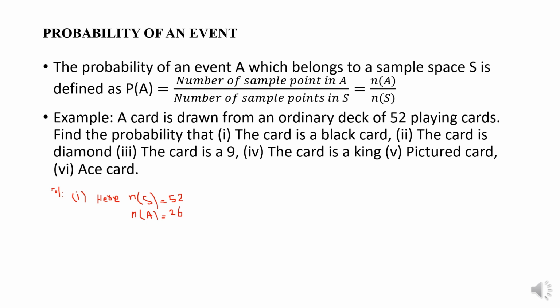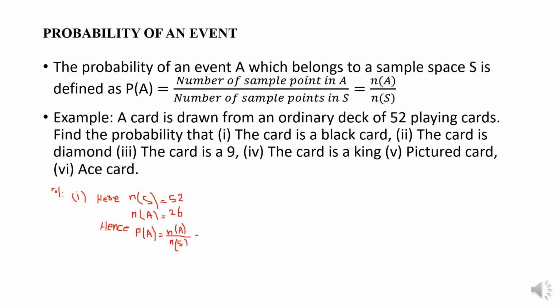So the probability of an event, hence, probability of A equals n of A divided by n of the sample space.